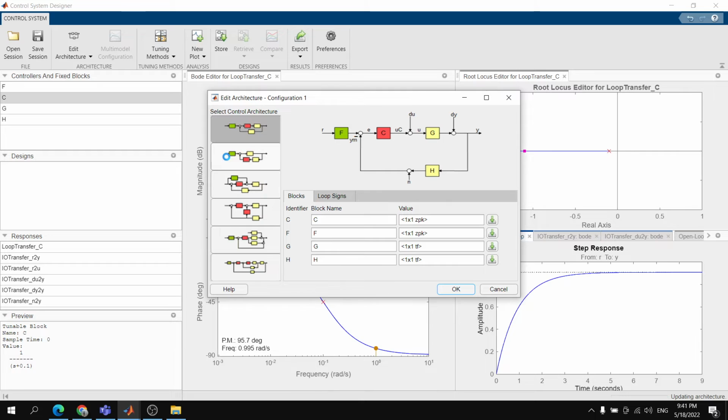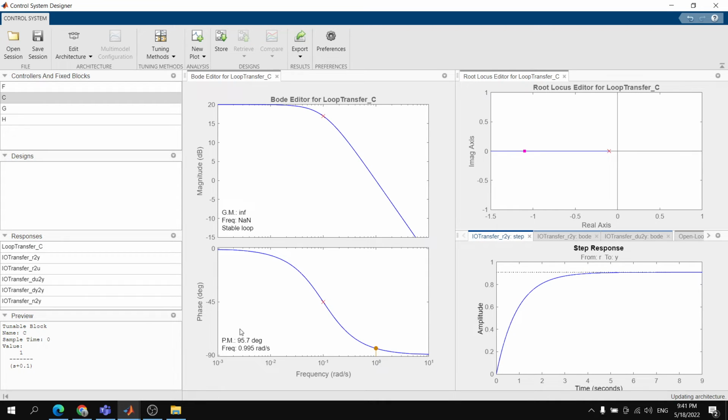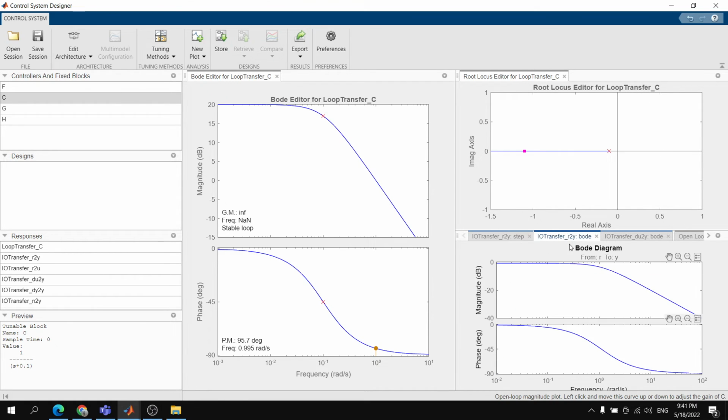Okay, when I click import, wait a minute. When I click import, the graphs appear: this Bode editor of the loop transfer, and the root locus editor of the loop transfer function, and IO transfer to Y, IO transfer to Y, this is the Bode diagram.